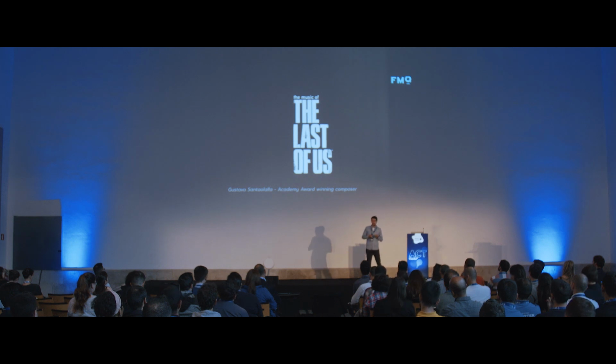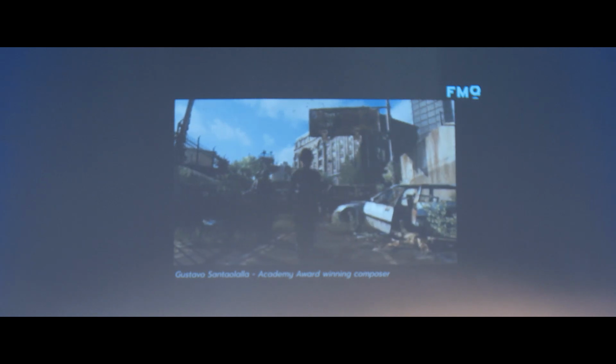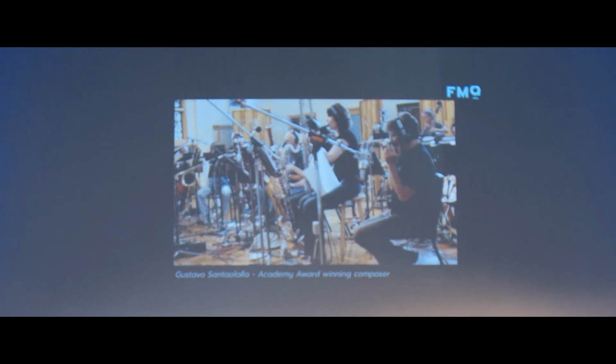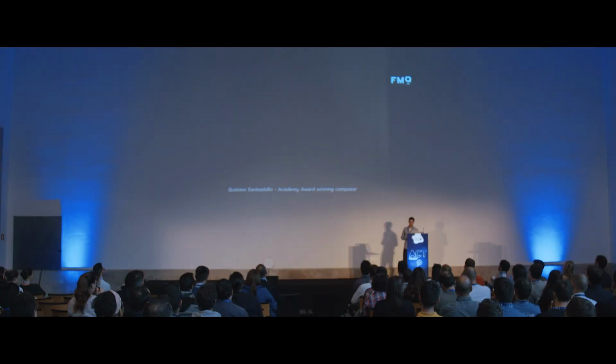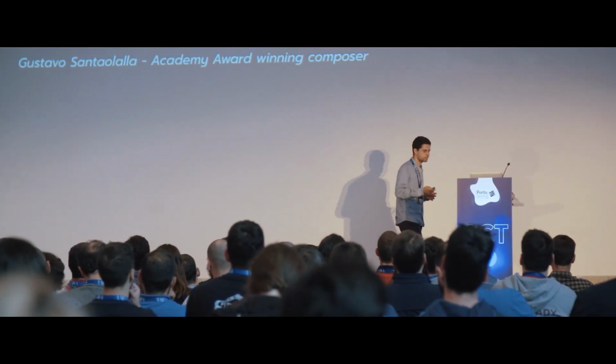They even hire whole orchestras to create the sounds and music for video games, like shown here. As you may see, they hired an Academy Award-winning composer to write the songs for this video game.